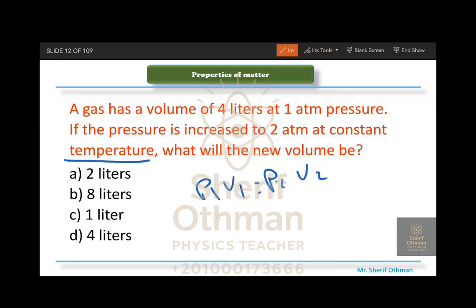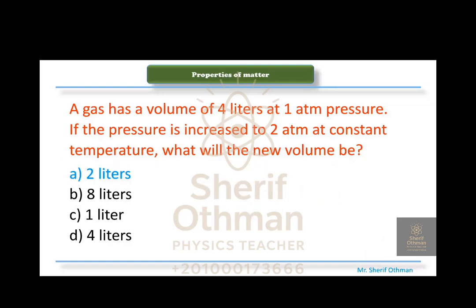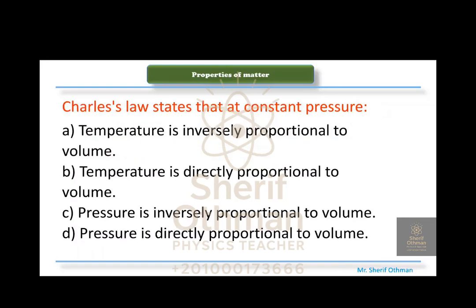P1 is 1, V1 is 4, P2 is 2, so the volume will be 2. As the pressure increased, the volume decreased, as the relation between volume and pressure is an inverse relation. Well done. So the volume will be 2 liters.